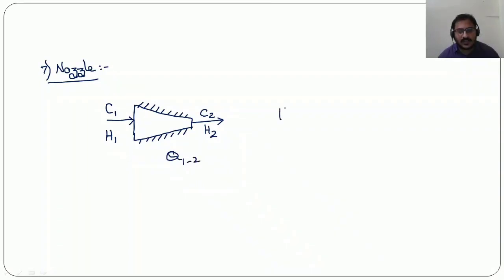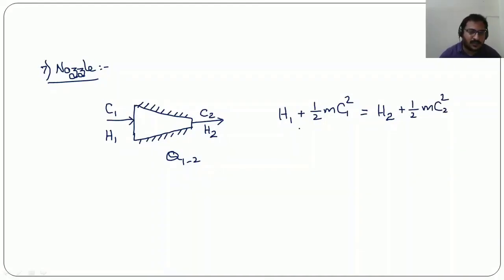So H1 is the enthalpy with which the fluid enters the nozzle, and the kinetic energy is half m c1 square. So this will be equal to H2 plus half m c2 square. So here what is happening in the nozzle is, with the drop in enthalpy there will be increase in the velocity, or increase in the kinetic energy.